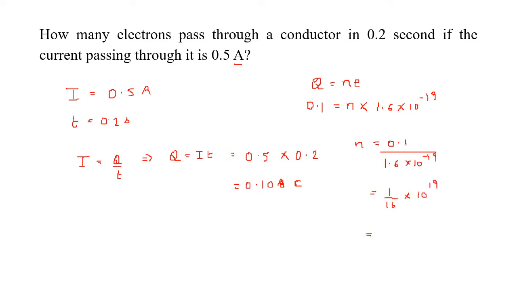If you divide 1 by 16, we get 0.0625 into 10 raised to 19, or 6.25 into 10 raised to 15 electrons.